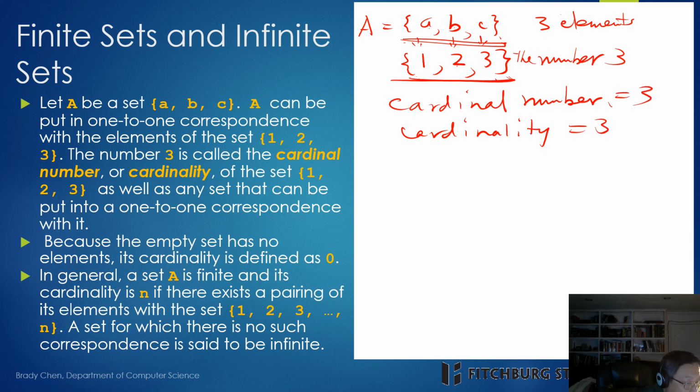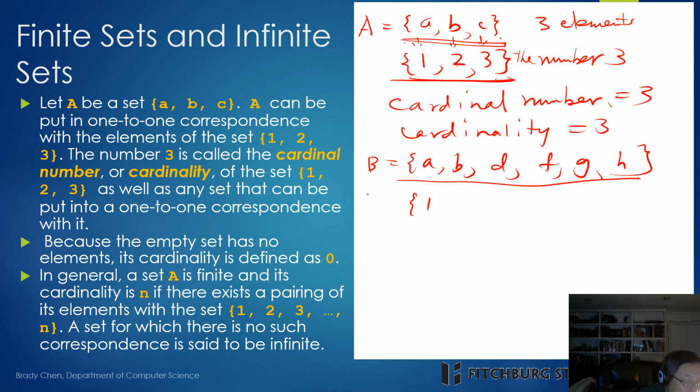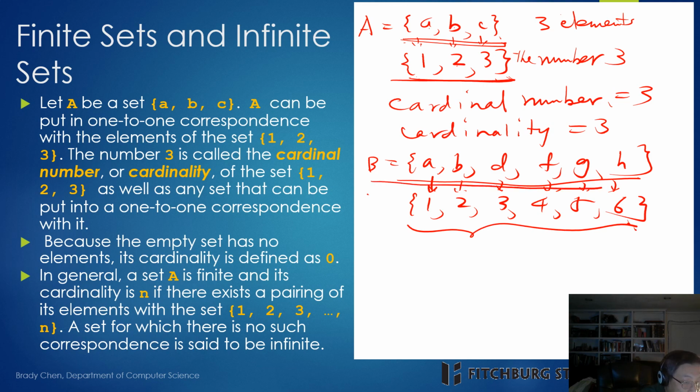So let's say I have another set B, which contains a, b, d, f, g, h. So B contains 6 elements, and we can map B to the set 1, 2, 3, 4, 5, 6. So we can easily build a one-to-one relationship, right? Now this one has a cardinality of 6, so the same for the set B.